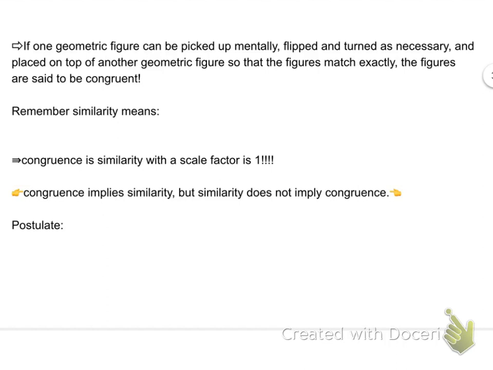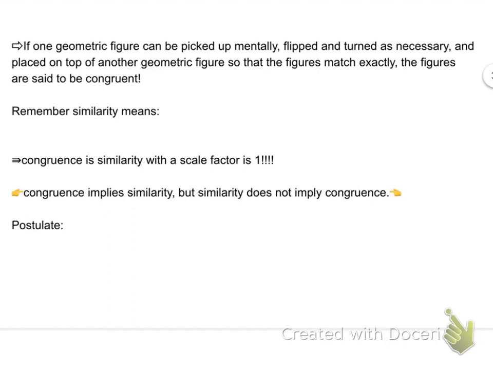Guys, the problem we did in the beginning of class from the last lesson wanted us to show similarity so that we can come up with that scale factor of XY over XM equals YZ over MY, because the scale factor between similar objects has to stay the same between all of their parts. But here's the thing. If something is the exact copy of another, should there be a difference in size?